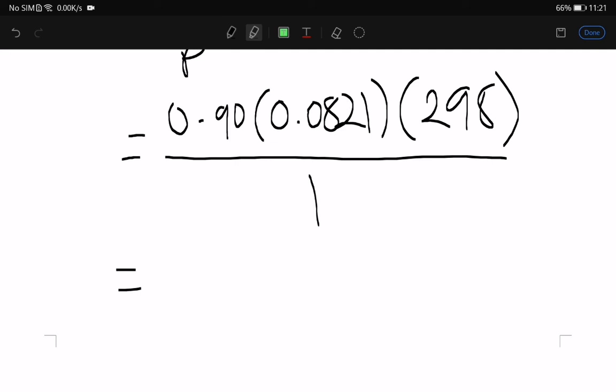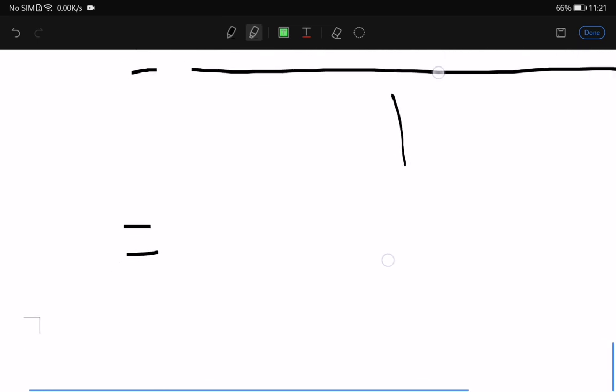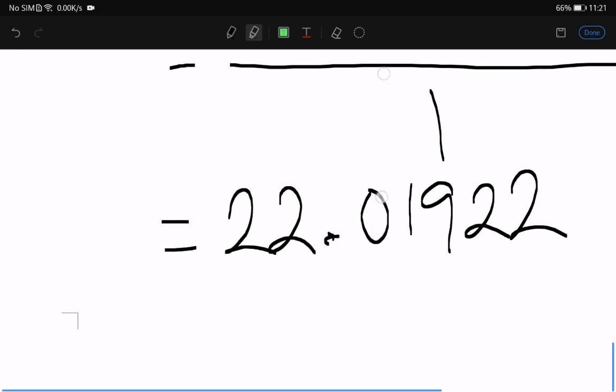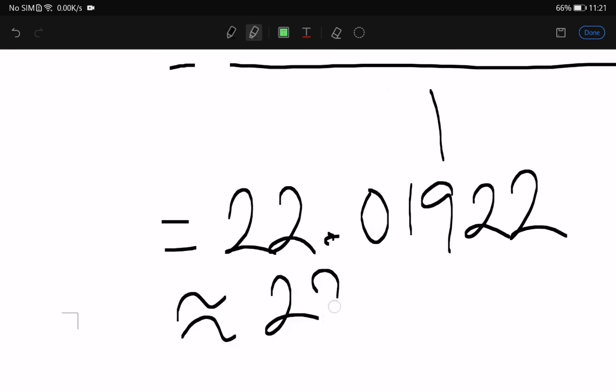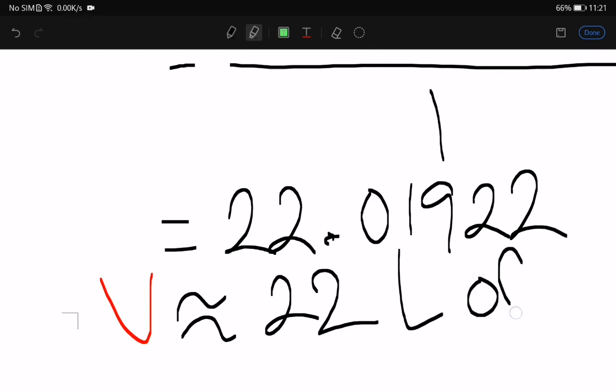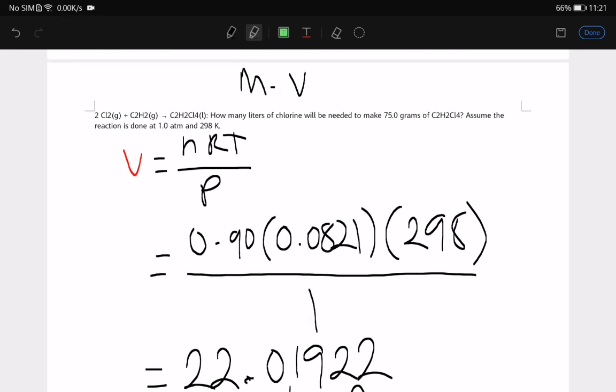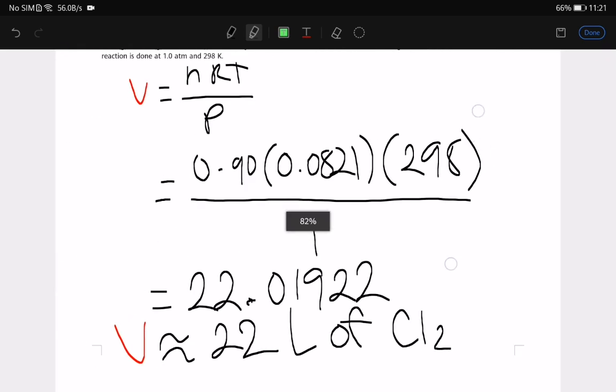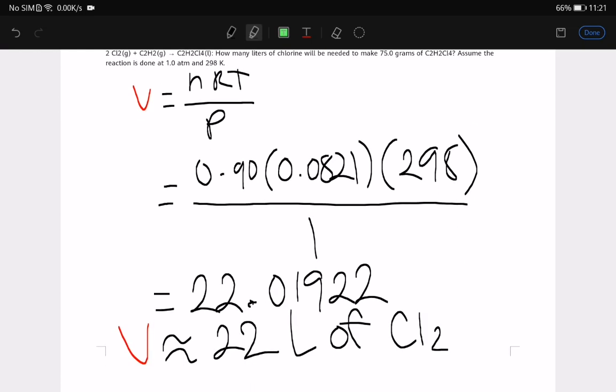Now multiply that by 298. We have 22.01, or we can just approximate that to 22. So our volume is 22 liters of chlorine gas. That's what we're looking for. So that's the final answer.